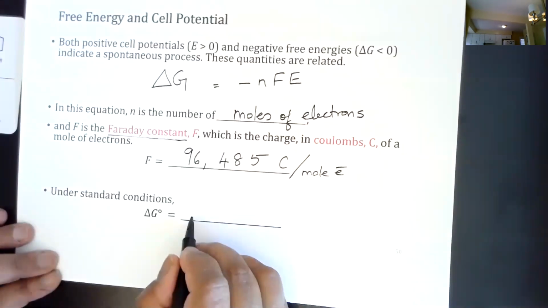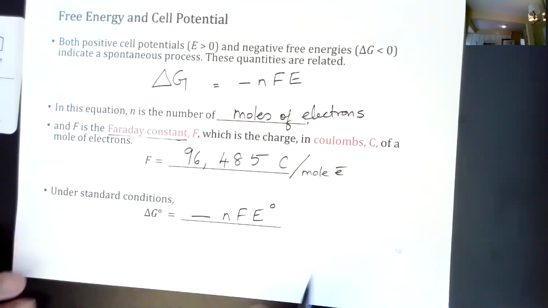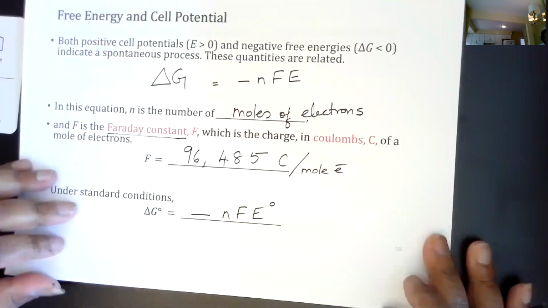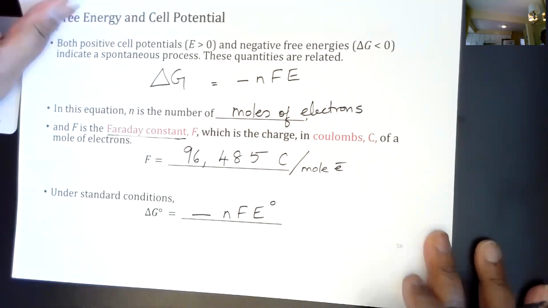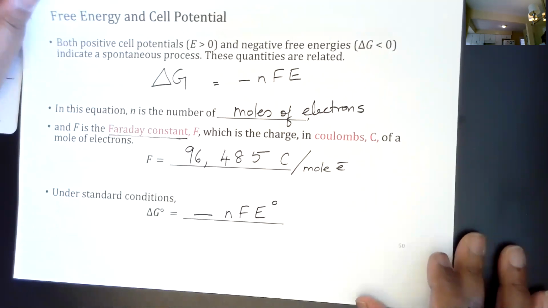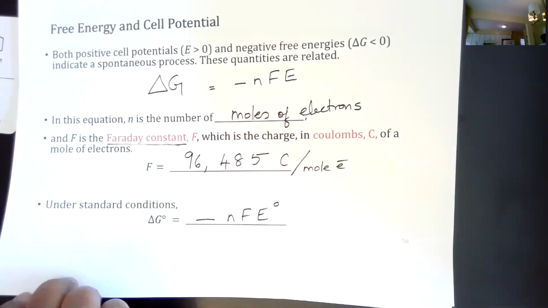Delta G0. The only change is E0. Okay, under standard conditions, and you remember 1 molar for aqueous solutions, 25 degrees centigrade, 1 atm for gases, and solids and liquids are pure substances. Okay.